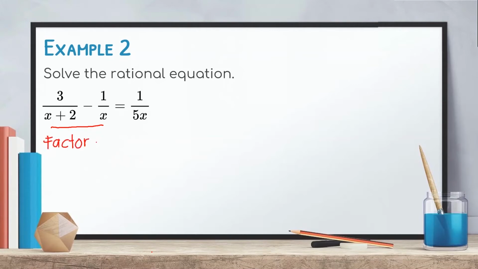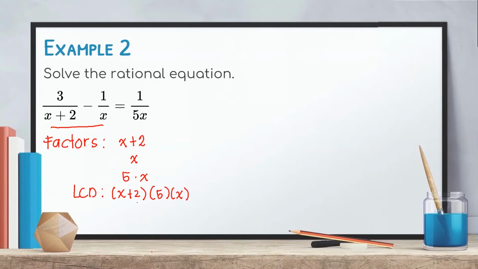The factors are x plus 2, x, and 5, and x. Notice that we have 2x here as our factor. So for the LCD, we will only be taking 1x. For that case, our LCD for this is x plus 2 times 5 times x.